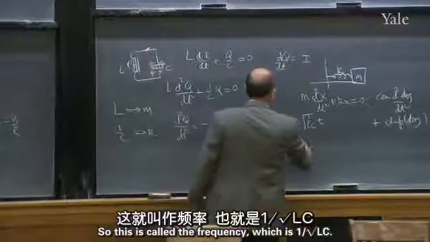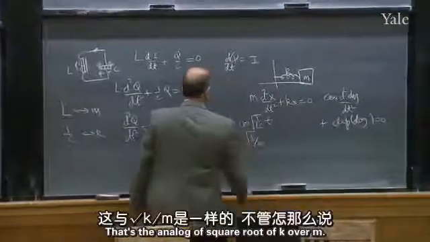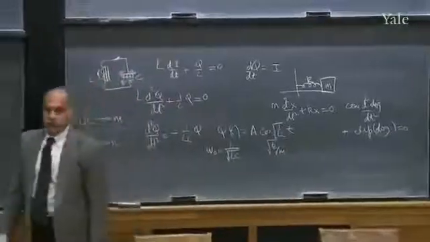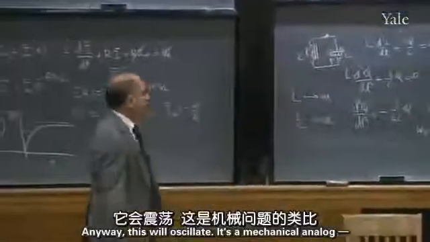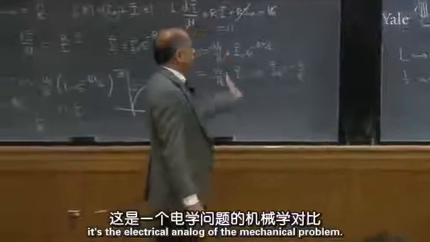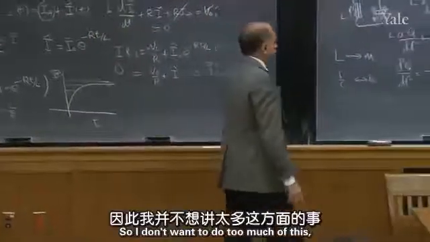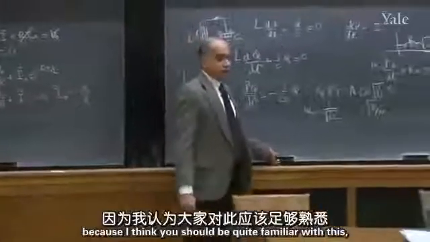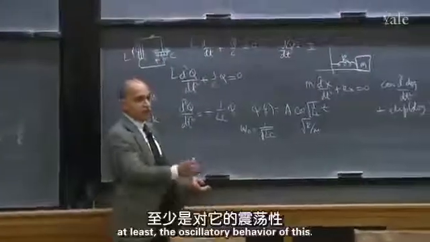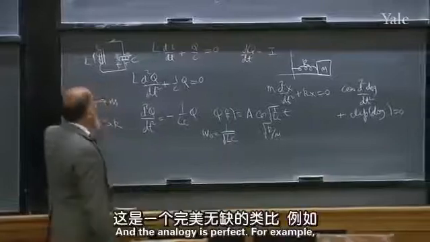That's the analog of the square root of k over m. Anyway, this will oscillate. It's a mechanical analog. This is the electrical analog of the mechanical problem. I don't want to do too much of this because I think you should be quite familiar with at least the oscillatory behavior of this. And the analogy is perfect.